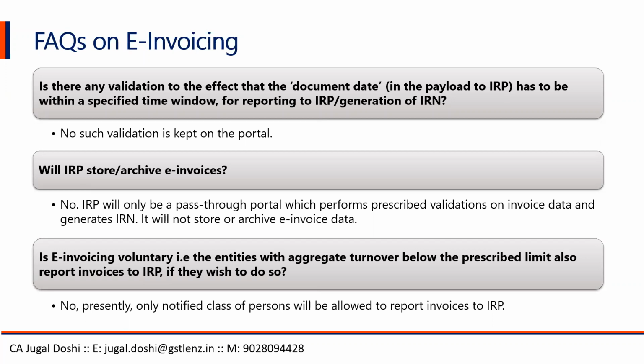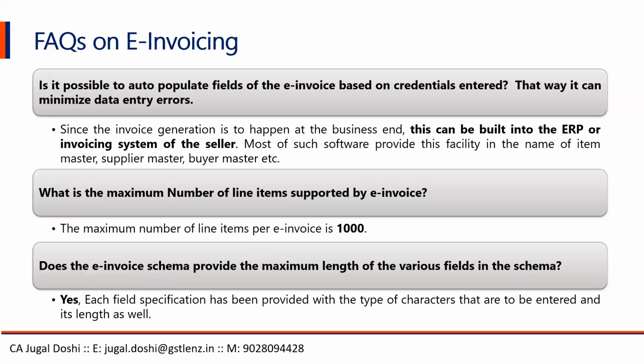IRP will not store or archive any invoices. Then, is it possible to auto-populate fields of the e-invoice based on credentials entered, which would minimize my data entry? See, it is business end. You have to build an ERP which can do all the auto-population. If your software has an auto-population facility, it would be helpful for you.